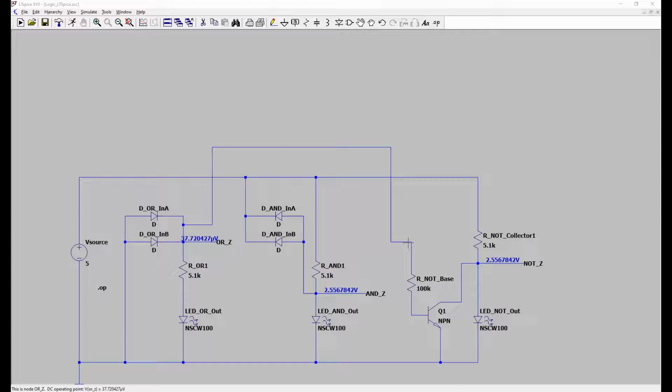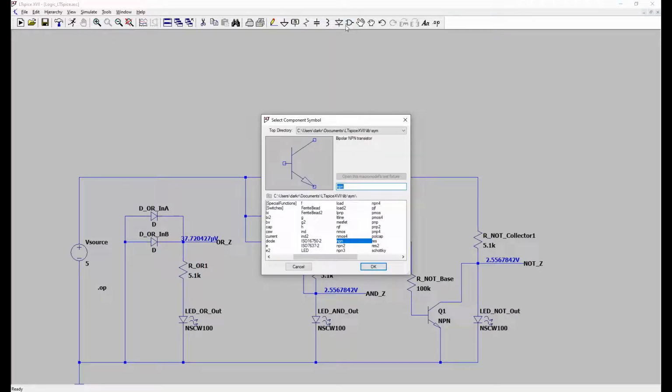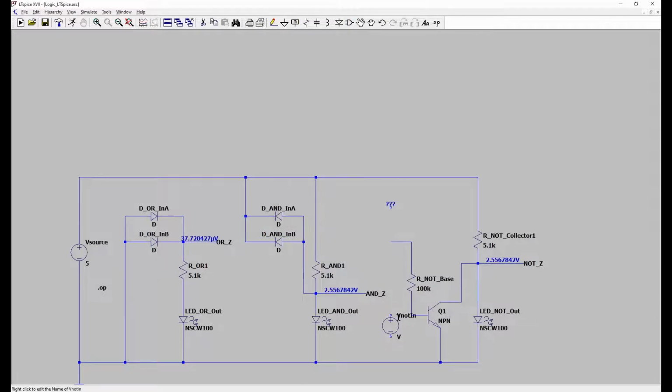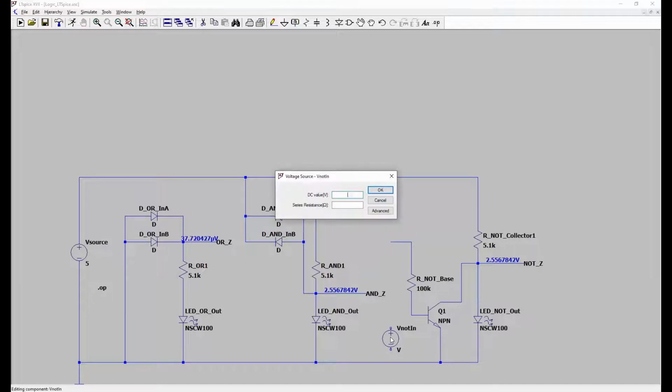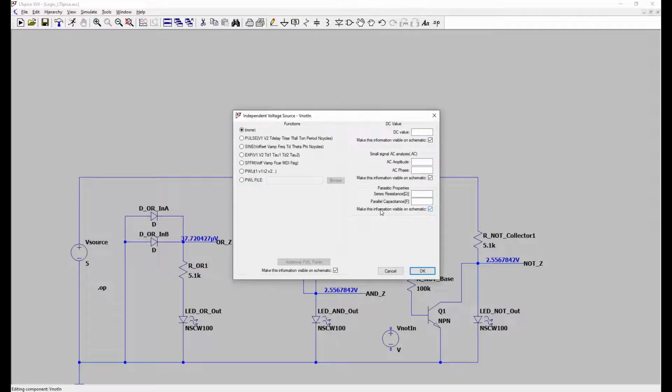So it's fairly straightforward to just delete this, tying it to the OR gate, add a voltage source, and rather than a DC value, I'm thinking about a pulse, but I'm going to go simple with what we already know and do a sine with a plus 2.5 offset, a 2.5 amplitude, and a frequency of just 1 hertz.